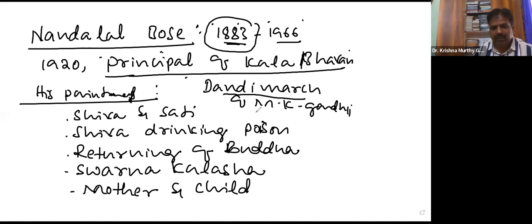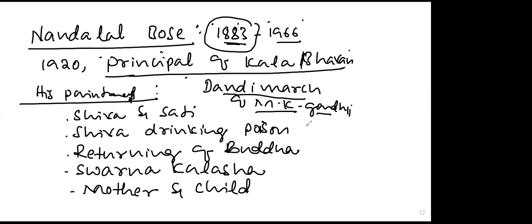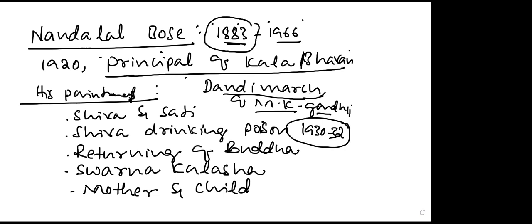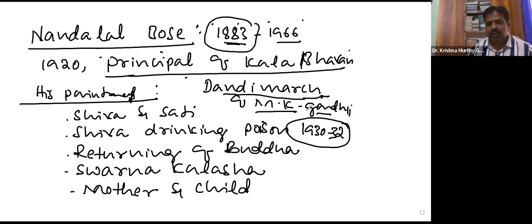Which year was the Dandi March movement started? 1930, continued up to 1932 under the able leadership of Mahatma Gandhi ji, where Gandhi ji started this movement at Sabarmati Ashram with his 78 followers.